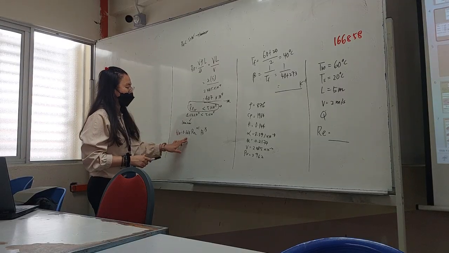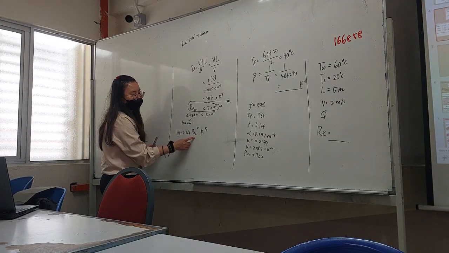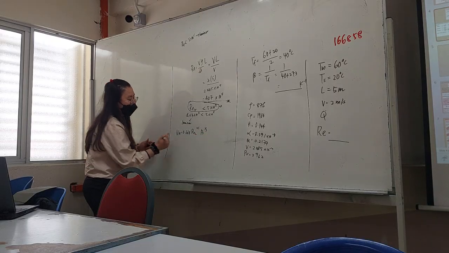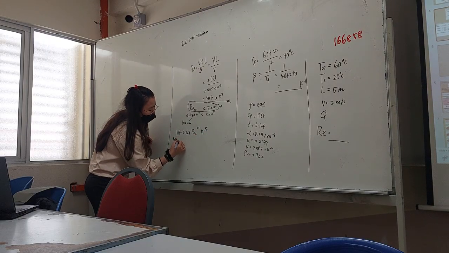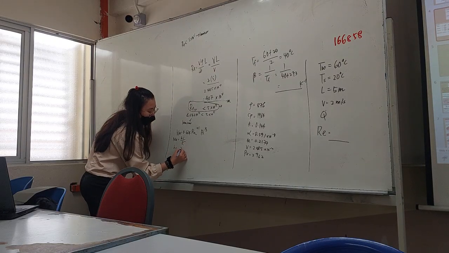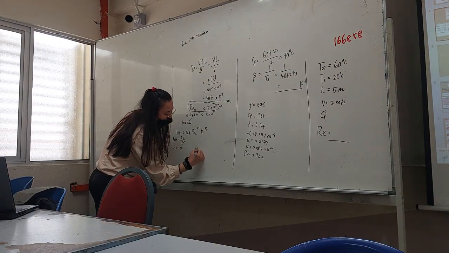So we're finding on the laminar. Reynolds number, Prandtl number power 1/3. The Nusselt number here is hL/k. So you get the h value, and you get the Q value.